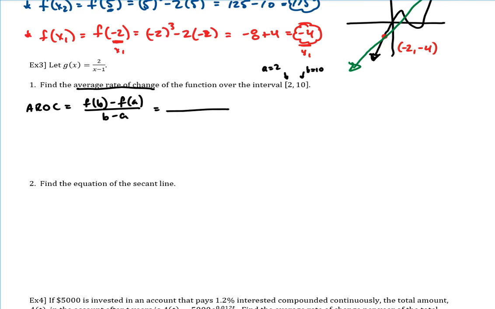And then from here, I'm going to just put in the denominator. So b is 10, a is 2, so I have 10 minus 2. And then we still need to find these like we did the last problem. I want to find f of b, which is really f of 10. And so I used f, so I guess, oops. That's what can be annoying sometimes about math. This is g, though, in our problem.